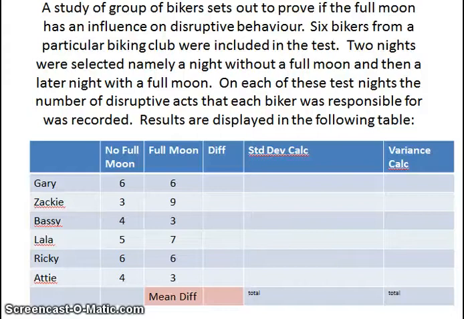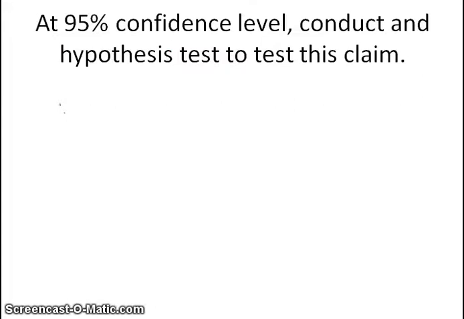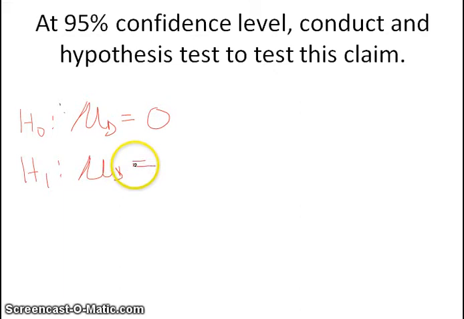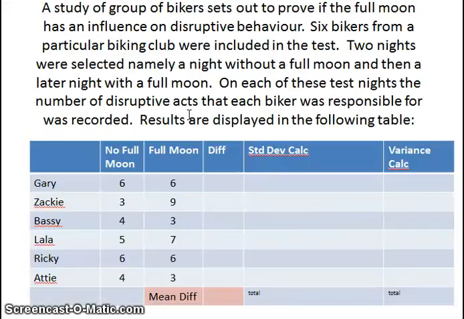We basically just want to establish if there is a difference or not. So the null hypothesis would be the mean difference is equal to 0, and the alternate hypothesis would therefore be the mean difference is not equal to 0. What is the mean difference that we're speaking about?